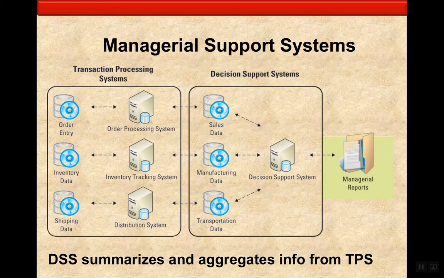This is just an example. As we said, there are two different types of systems, and this is one class of applications. These come from transaction processing systems, which store everything in databases. The data is copied and moved from one system to the other, and then analyzed and manipulated to support the decision support systems.